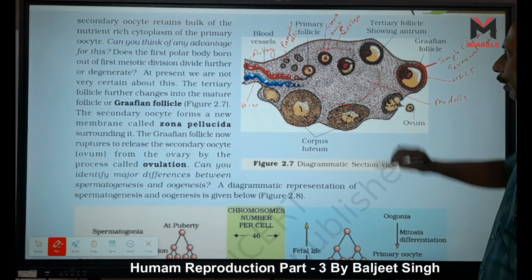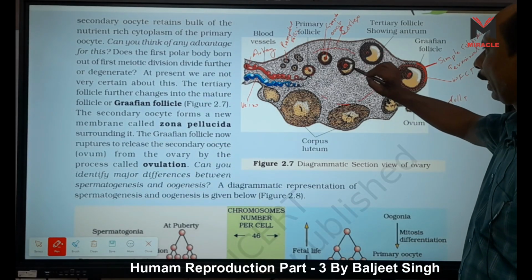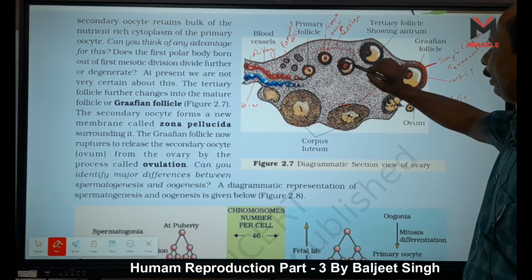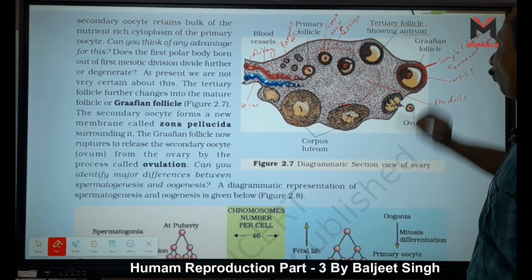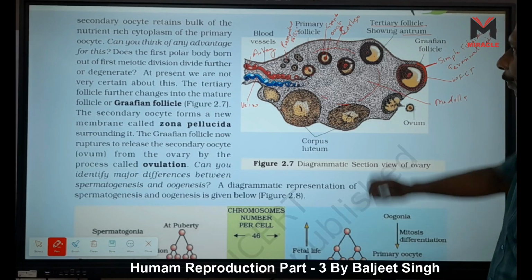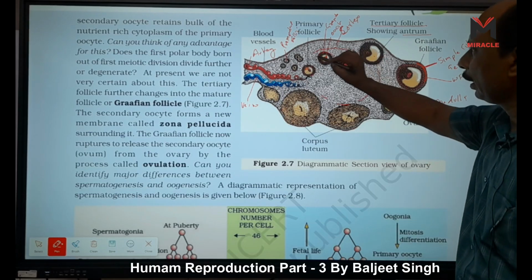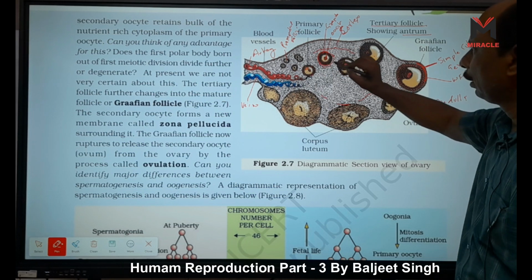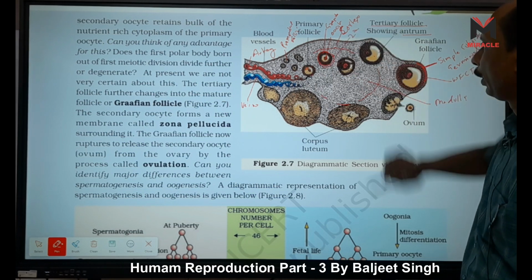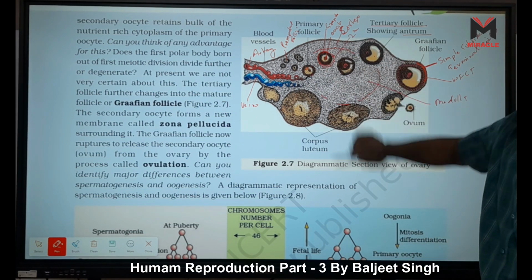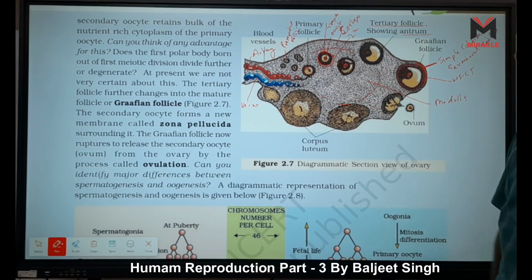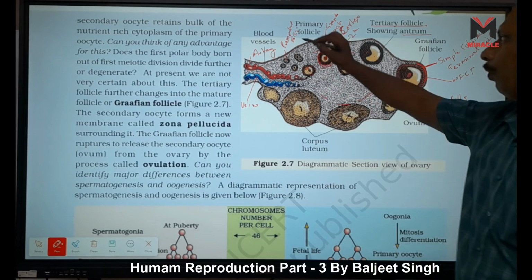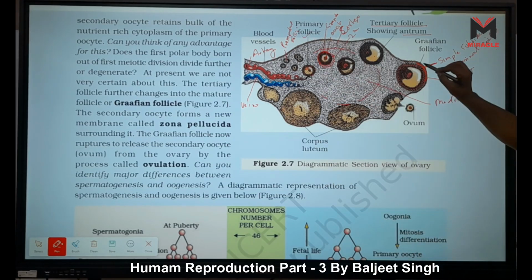Here the antrum is present, so it is called a tertiary follicle. Where antrum is not present but theca externa and theca interna are present, it is the secondary follicle. Where theca interna and theca externa are both absent but the granulosa layer is there, it is a primary follicle. Now here it is the Graafian follicle, or mature follicle.